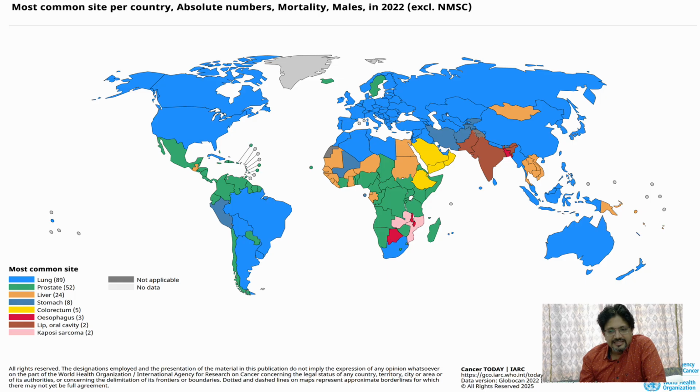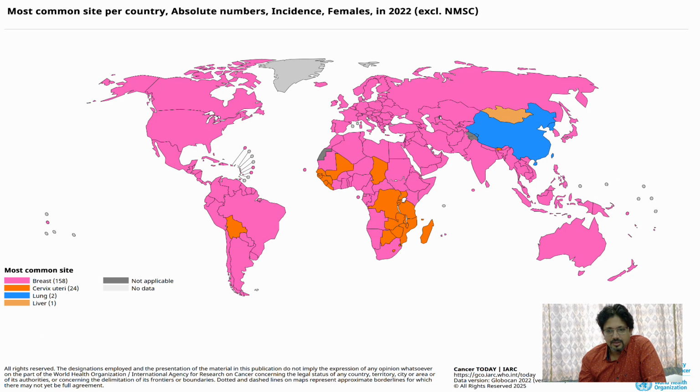If we see the mortality in males, the most common cause of mortality in 89 countries is lung cancer, represented by blue over here, followed by prostate cancer. Sorry, so the incidence is due to prostate cancer, whereas the most common cause of mortality is lung cancer.